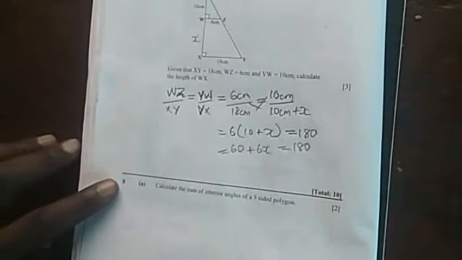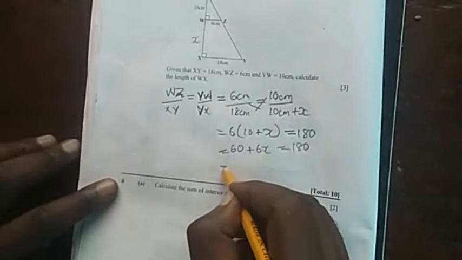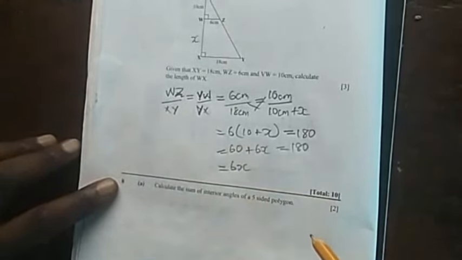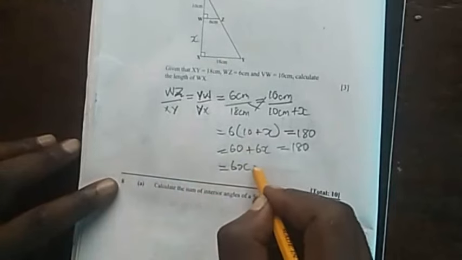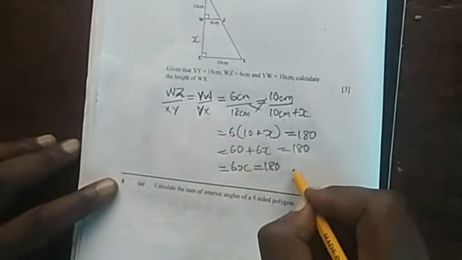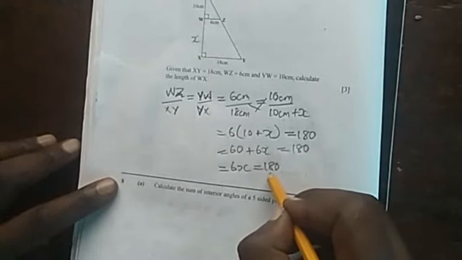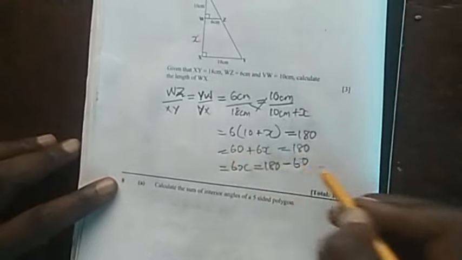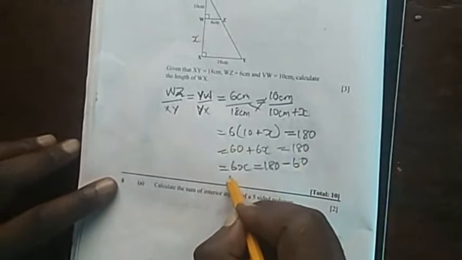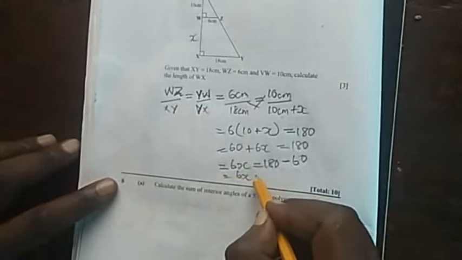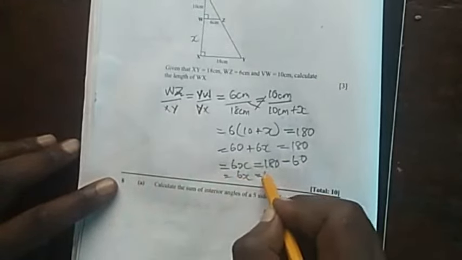Okay, then I'm going to put like terms together, which is going to be 6x is equal to 108 minus 60, which will give us 6x is equal to 48.